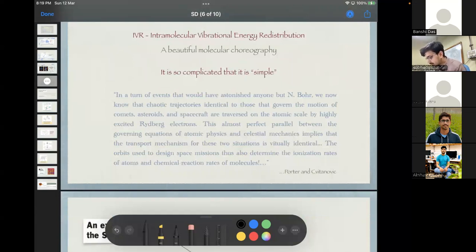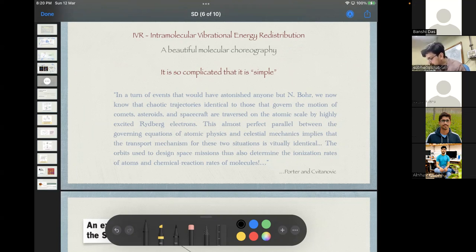In a turn of events that would have astonished anyone but Niels Bohr, we now know that the chaotic trajectories identical to those that govern the motion of comets, asteroids, and spacecraft are traversed on the atomic scale by highly excited Rydberg electrons. The almost perfect parallel between the governing equations of atomic physics and celestial mechanics implies that the transport phenomena for these two situations is virtually identical.